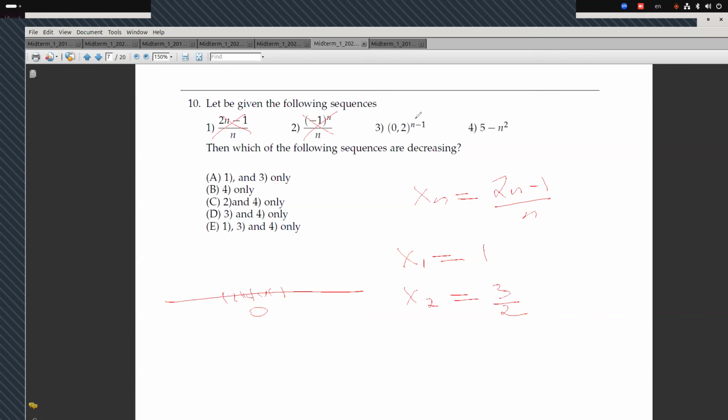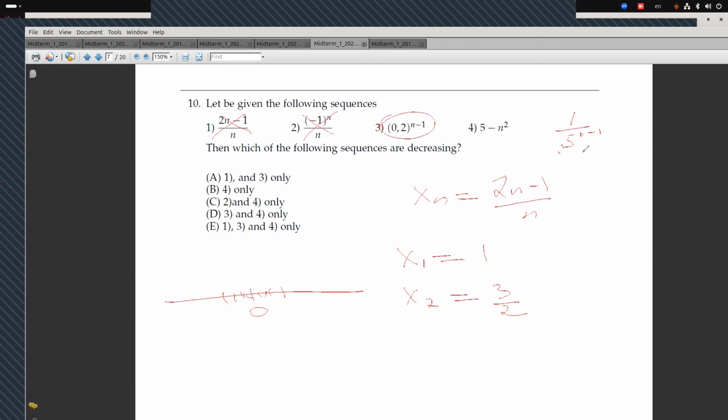What is the limit of 0.2 to the power of n minus 1? Or what is the behavior of this sequence? It is 1 over 5 to the power of n minus 1, and the limit is 0. Okay? 0.2 is 1/5.